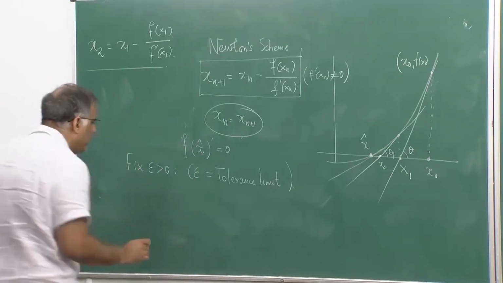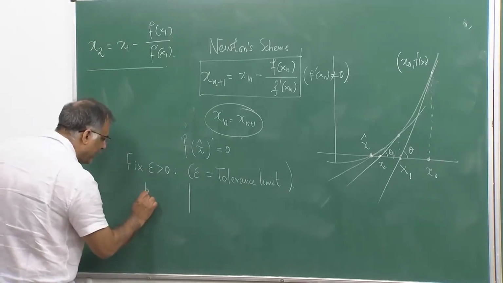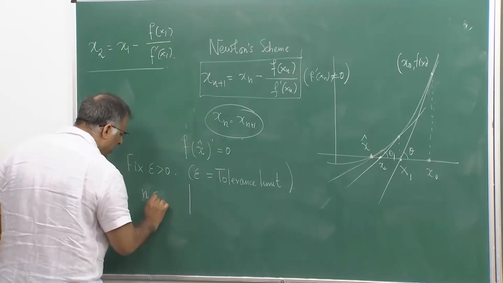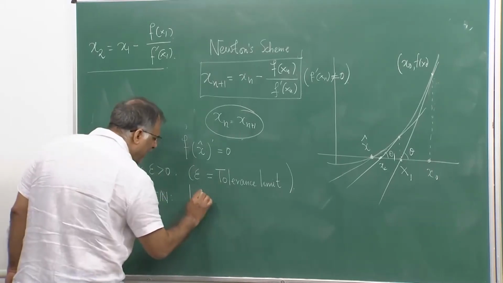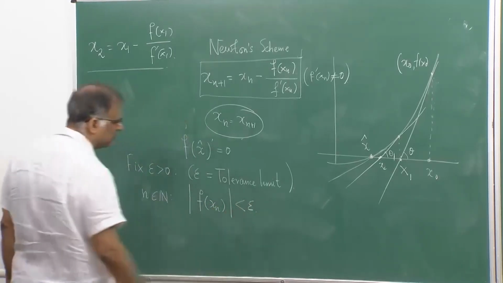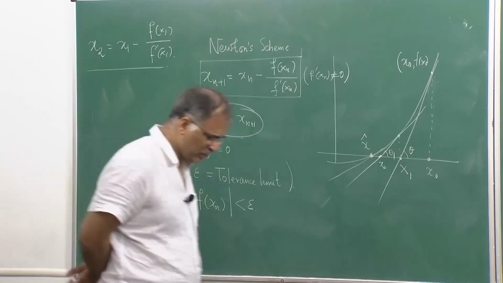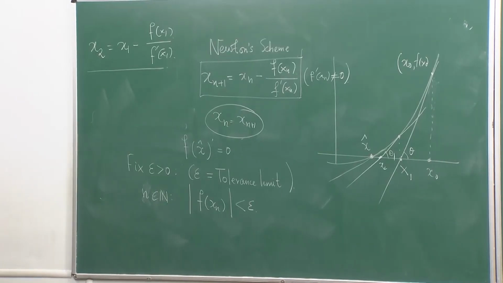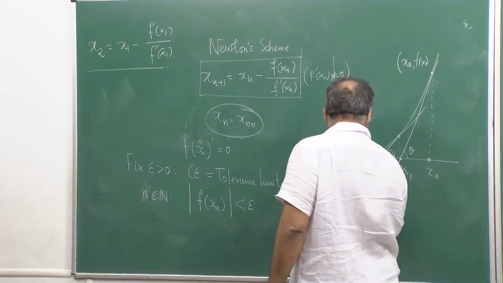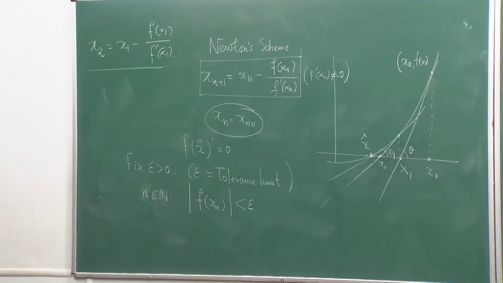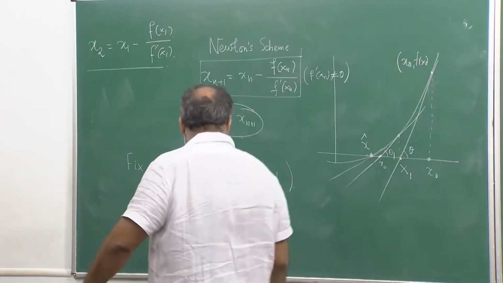I am supposed to be happy with some xn, n element of N, such that the absolute value of f of xn is strictly less than epsilon. The function value could be here or here, very near that point basically. Then it is alright for me, and that is where I stop.